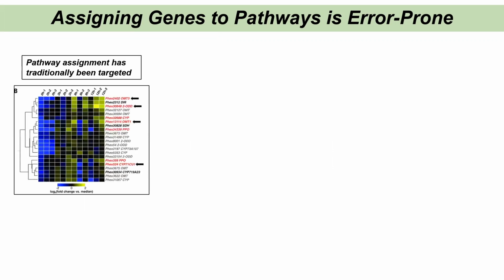So, assigning genes to pathways is error prone. So I mentioned in the beginning how traditionally pathway assignment has been targeted, i.e. people are looking for enzymes that they believe to be, or are trying to determine if they're, involved in a given pathway that they've previously been studying.